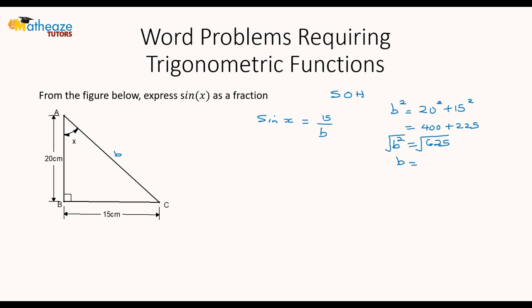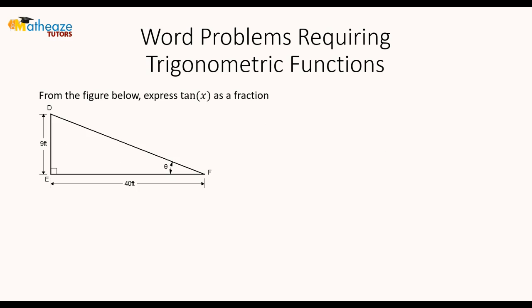So b is 25. So now sine x is going to be equal to 15 centimeters divided by 25 centimeters. This should give us 0.6 or 3/5.